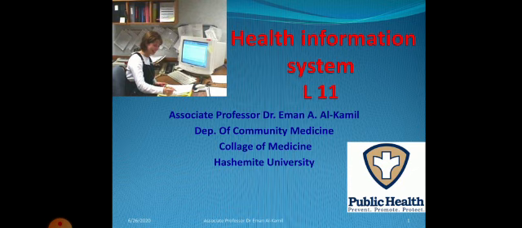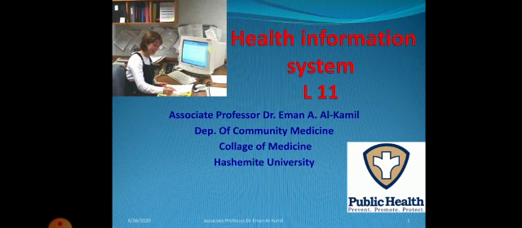In order to protect and improve the health status of the population, we need information to know what the components of our community are, what the health problems in the community are, what the mortality or different causes of death are, and what the different causes of morbidity in the community are, in order to know what the main health problems are, so we can prevent them and promote the health of the people and protect them.